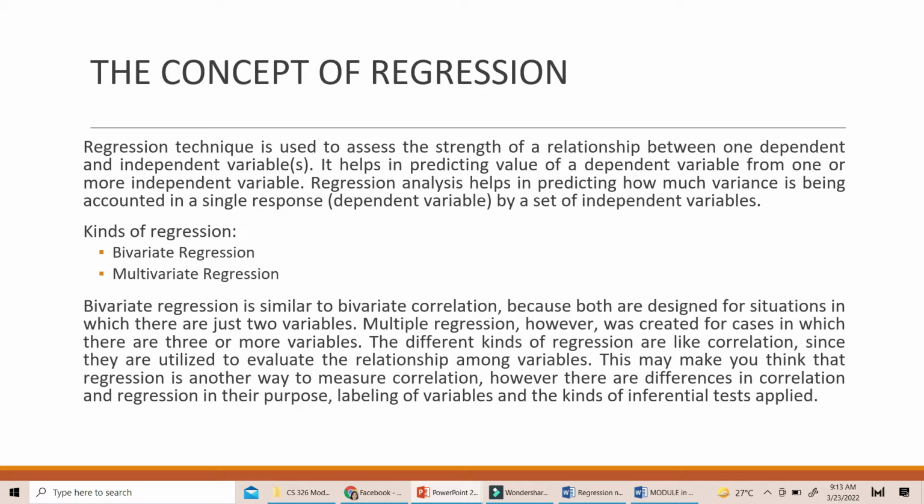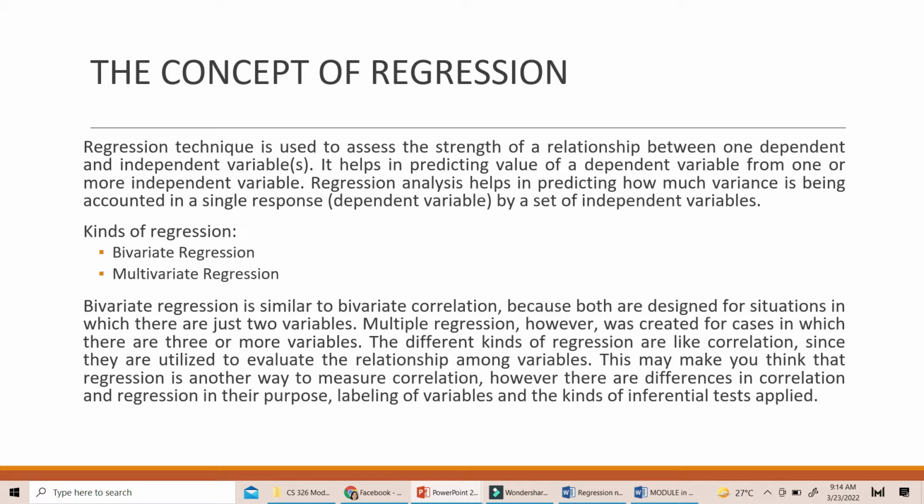I know you're quite familiar with dependent and independent variables, and later I will give you some examples. Regression deals with the relationship between one dependent and independent variables. It could be two, four, or five, as many independent variables as you can. It also helps in predicting the value of a dependent variable from one or more independent variables.